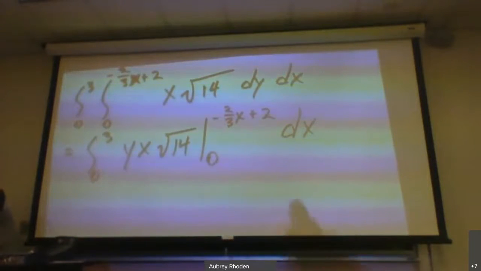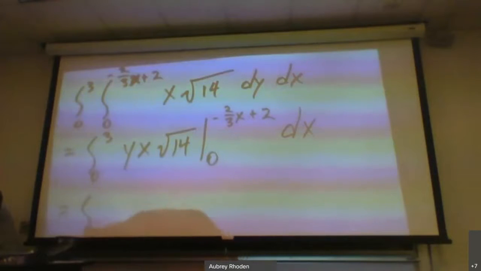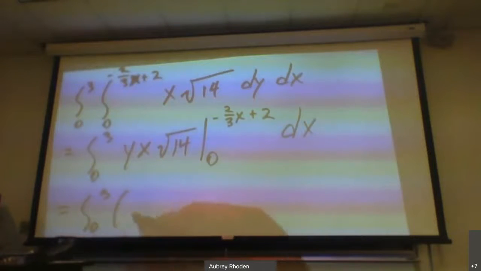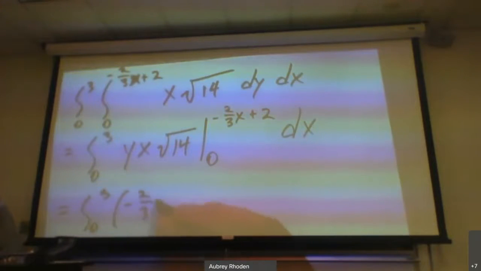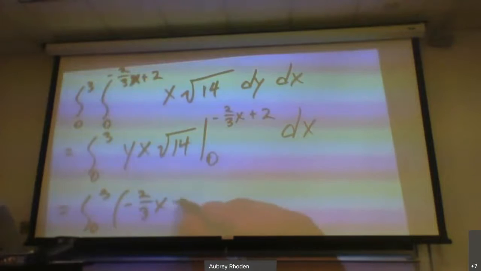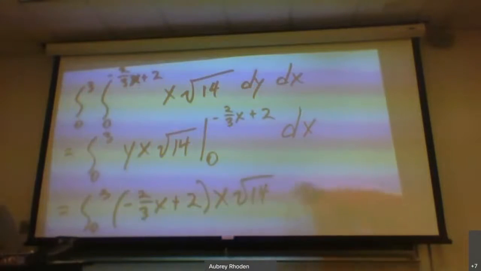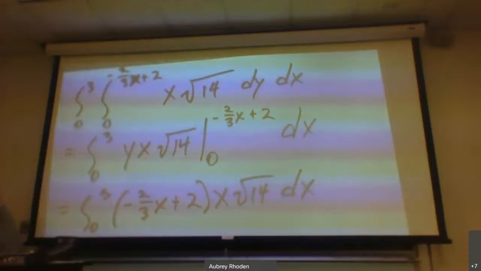Okay, we don't care about the 0 part. So this is going to equal the integral from 0 to 3 of negative 2 divided by 3 x plus 2, multiplied by x times the square root of 14, and we're going to integrate with respect to x.